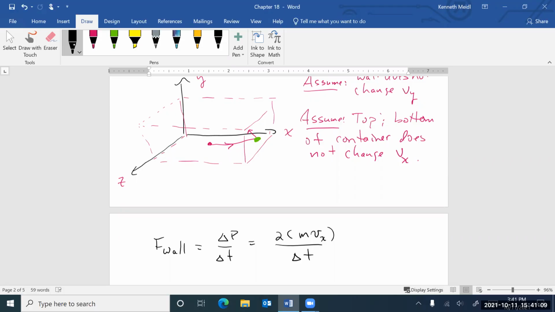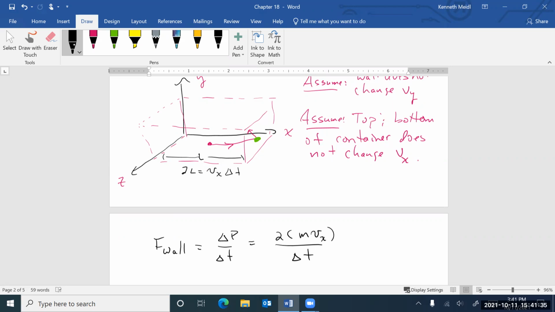And probably the best way of doing that is, let's just say that this box has this dimension here, we'll call L. And so if the particle goes from one side and then comes and hits the other wall, the distance that it travels is 2L, and it's traveling at some speed. And then I've got some time for it to do that.